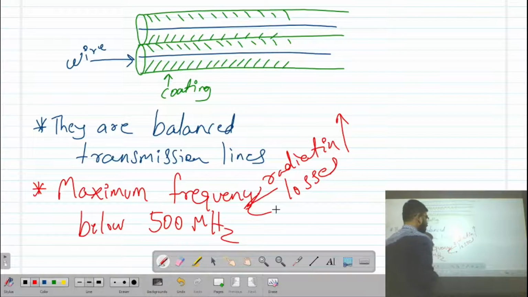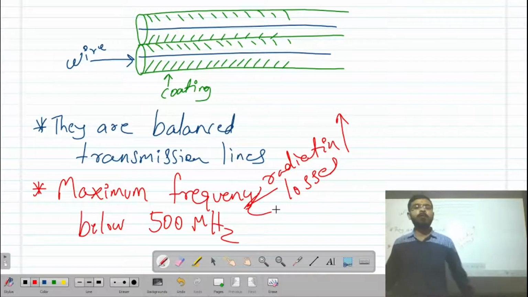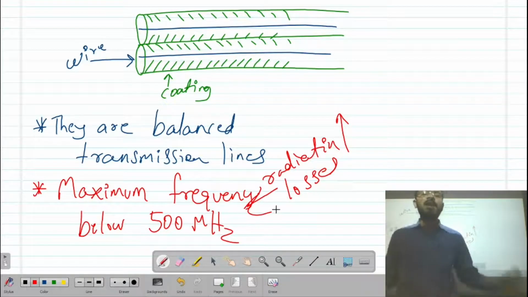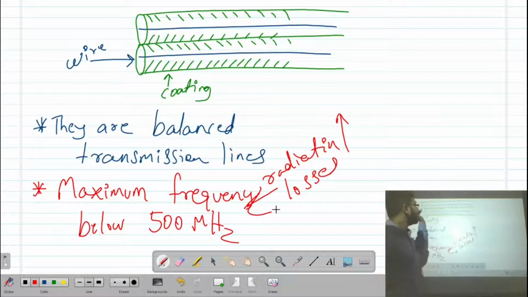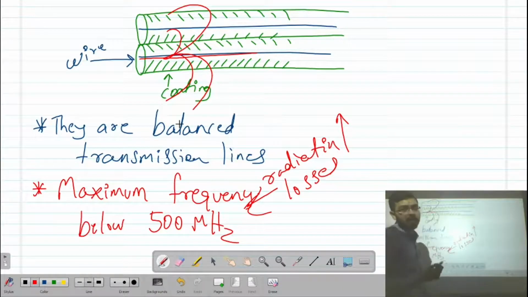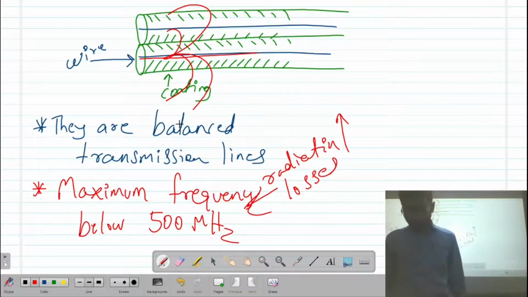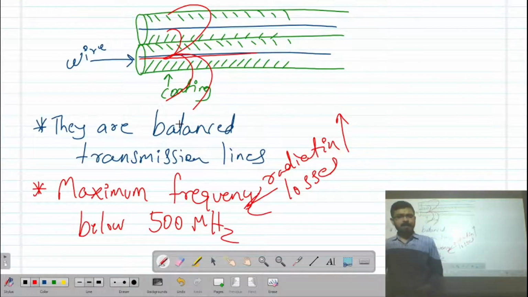This is due to the frequency limitations, right? As the radiation losses increase, it will radiate more power, more energy to its surrounding atmosphere. It will not allow the signal to travel. It will waste it over here. It will not allow it to move in the forward direction, right? So this is all about a small introduction.